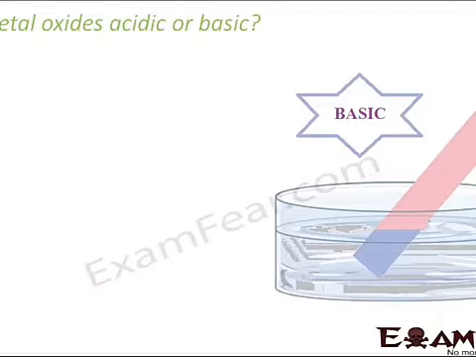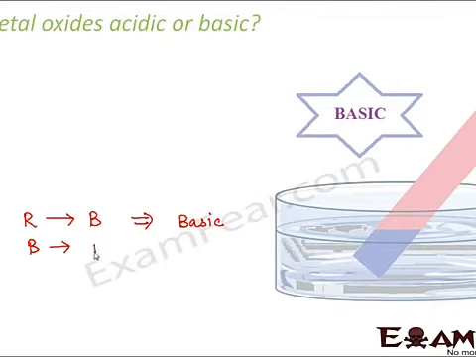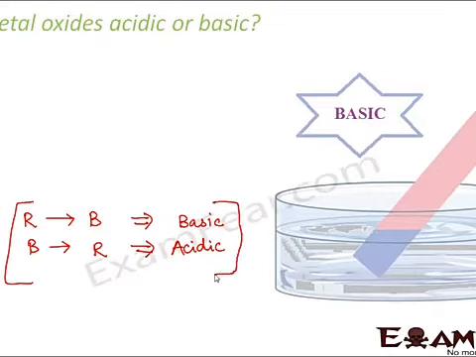So now what happens in this test is that if the red litmus turns blue, that means the solution is basic. And if the blue litmus turns red, that means the solution is acidic. So this is the simple funda of the litmus test. So this is how we can determine whether a particular solution is acidic or basic in nature.